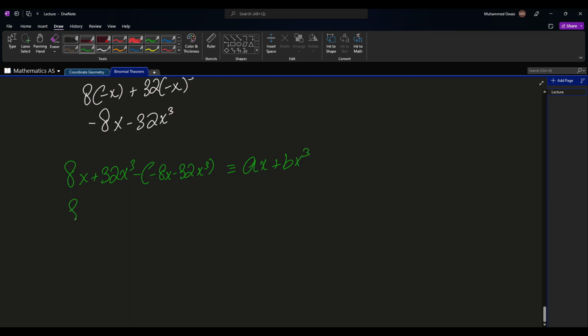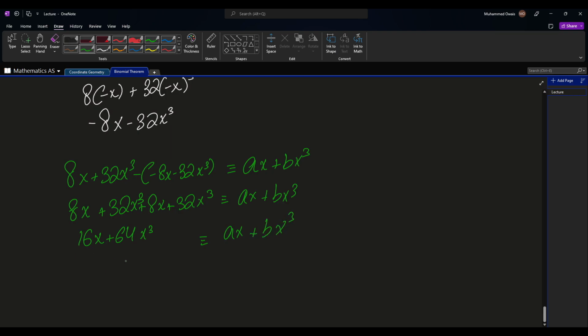And now to resolve this, 8x plus 32x cube plus 8x plus 32x cube. 8x and 8x gives us 16x, and 32 and 32 gives us 64. So 64x cube is comparable to ax plus bx cube.